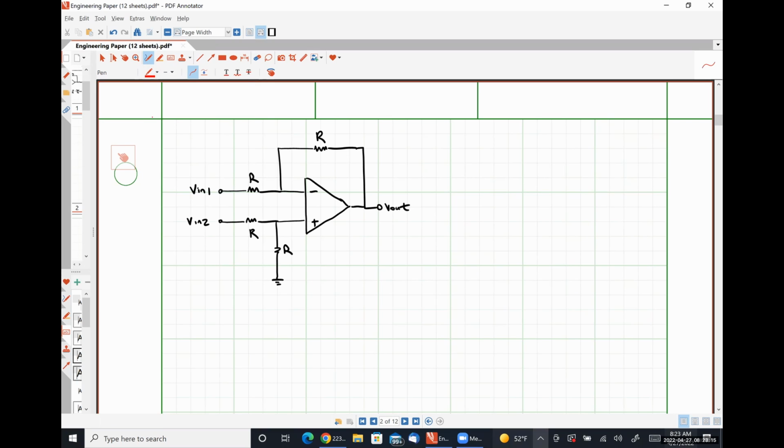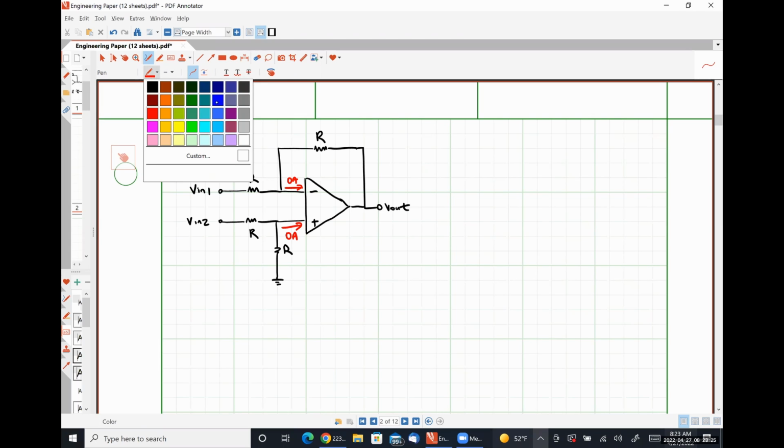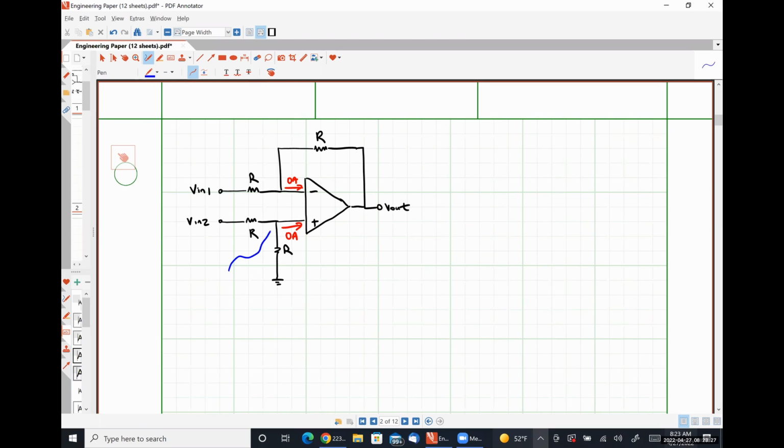So if I apply op-amp rule number 1, I have 0 amps flowing into my input terminals. This guy is a little bit more difficult than our previous few examples. What's the value of the voltage at my non-inverting input terminal? VN2 over 2.